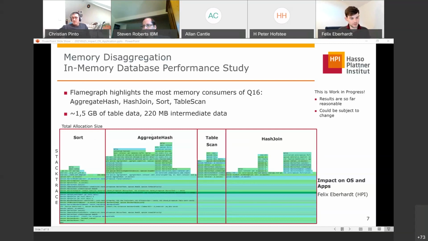And for query 16, you can see that the most memory is allocated for a sorting step, for the aggregate hash, for a table scan, and for a hash join. So perhaps it is interesting to modify the operators so that all your intermediate allocations are not done on the local system, but on the borrowed memory.